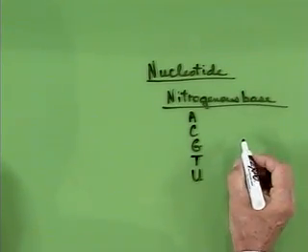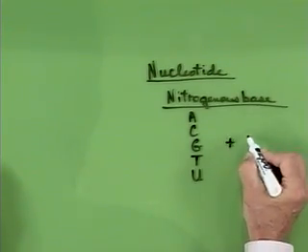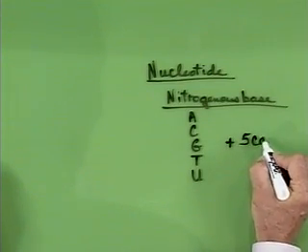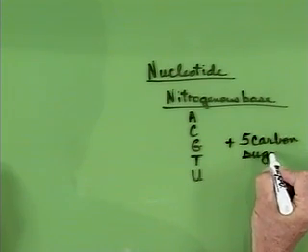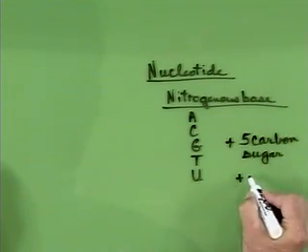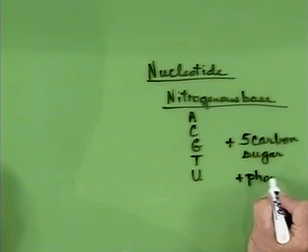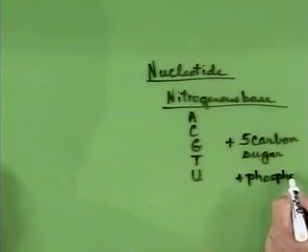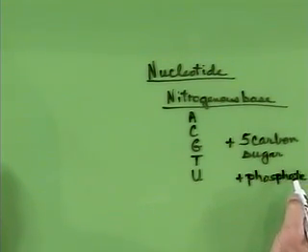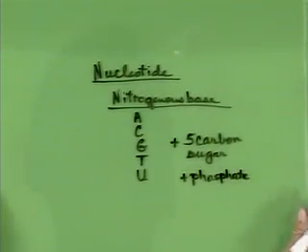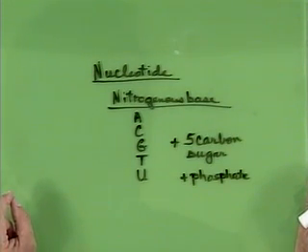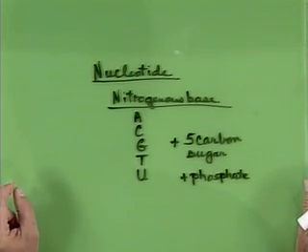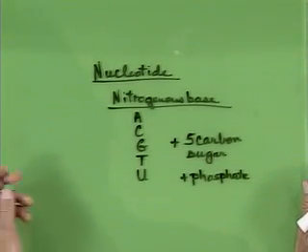If you take that nitrogenous base and hook a 5-carbon sugar on it in the form of ribose or deoxyribose, and then hook a phosphate group onto that, the result is a nucleotide.